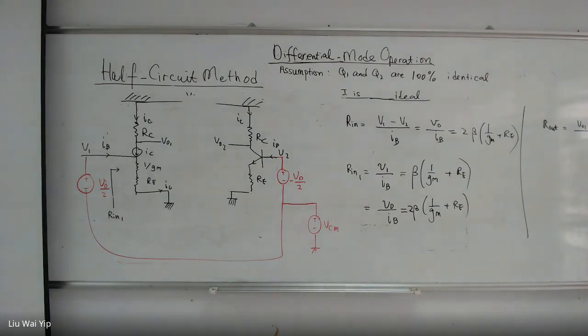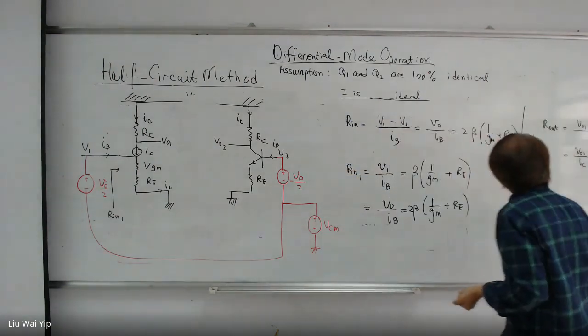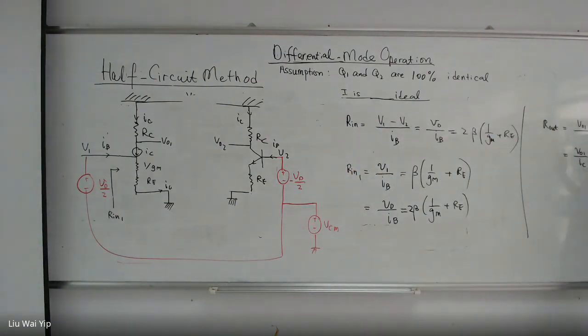So do you agree that you can just say VO1 over IC minus VO2 over IC? VO1 divided by IC is the output resistance of the left branch, and VO2 divided by IC is the output impedance of the right branch.